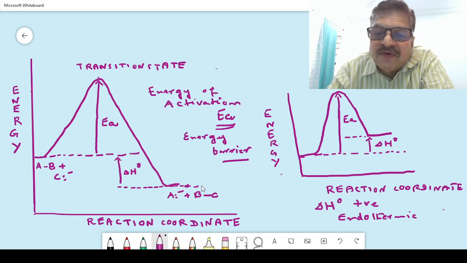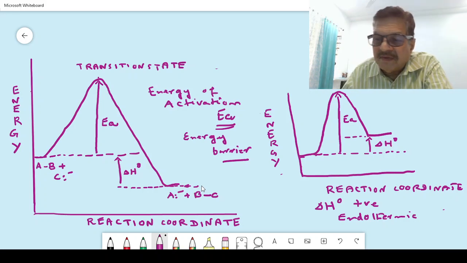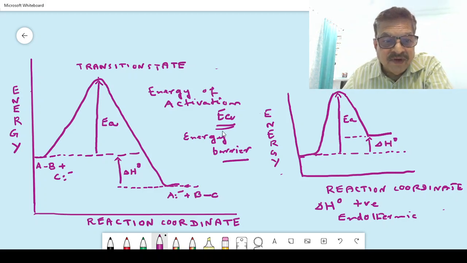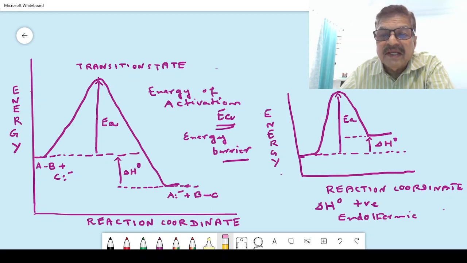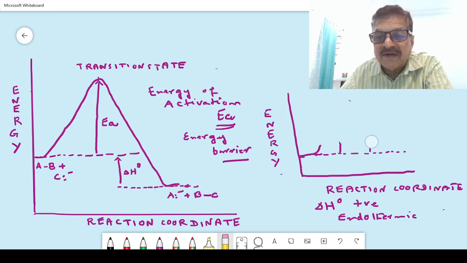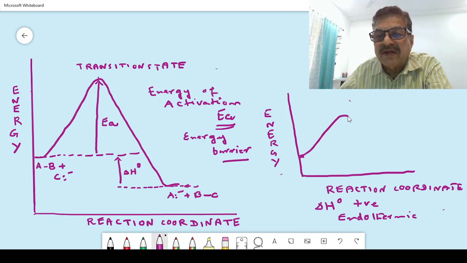Like this, we can show different situations. This is a high energy of activation. Now suppose a low energy of activation, again we can see the nature of the curve will be changing here. That is, the energy of activation will be low. So we can show it will be more or less of a flat kind of thing here.